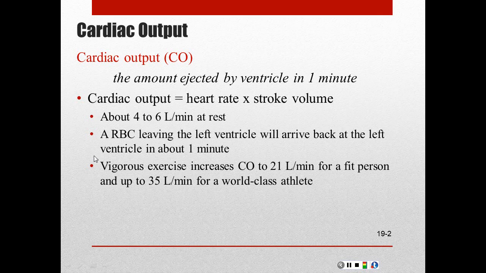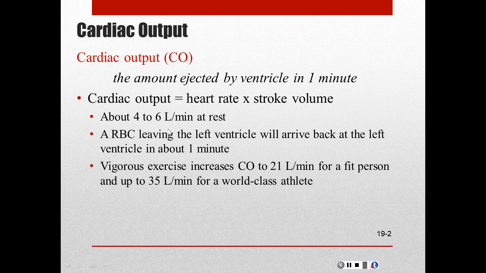Now the body's total volume of blood is 4 to 6 liters per minute at rest, and it passes through the heart every minute. Our cardiac output at 75 beats per minute times 70 milliliters per beat can give us approximately 5,250 milliliters.